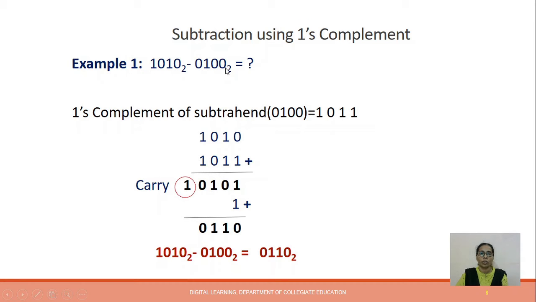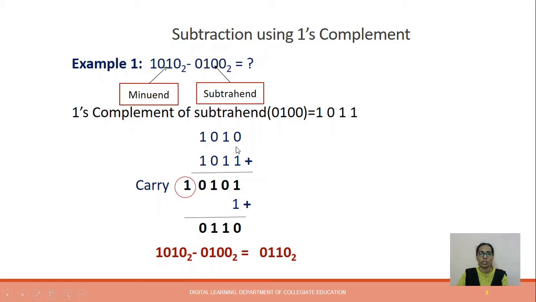1010 minus 0100. First, the minuend is 1010 and the subtrahend is 0100. In ones complement representation, the subtrahend 0100 can be written as 1011. Now add this ones complement with the minuend.